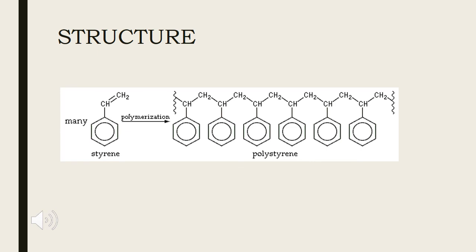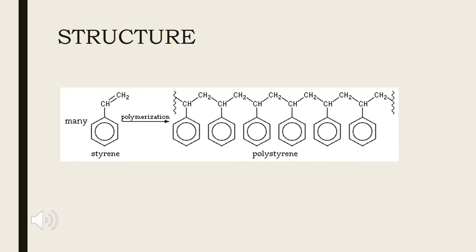About a few thousand monomers typically comprise a chain of polystyrene, giving a molecular weight of 100,000 to 400,000 gram per mole. Each carbon of the backbone has tetrahedral geometry, and thus carbons that have a phenyl group (benzene ring) attached are stereogenic.